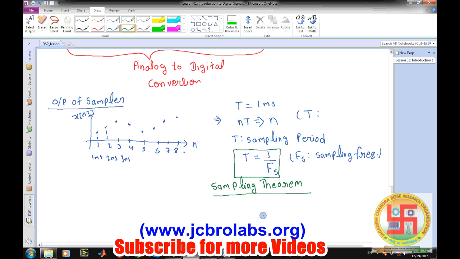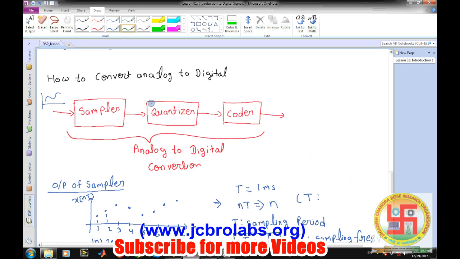Now before going to the sampling theorem, there is an obvious question. If we are converting this analog signal into a sampled version of it, a prime requirement would be that the information should not be lost.